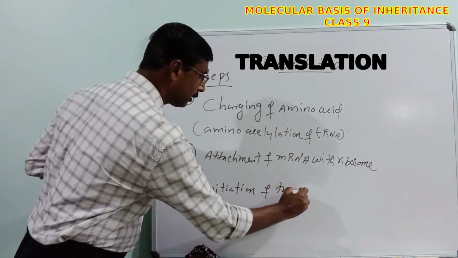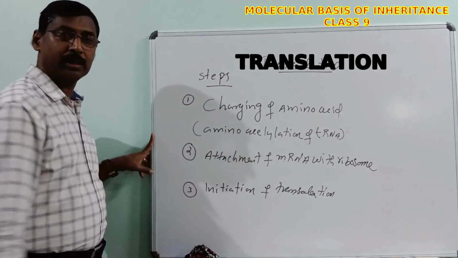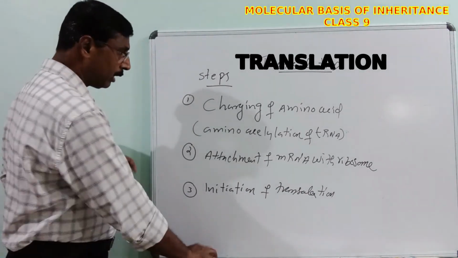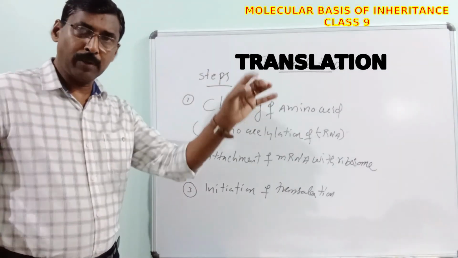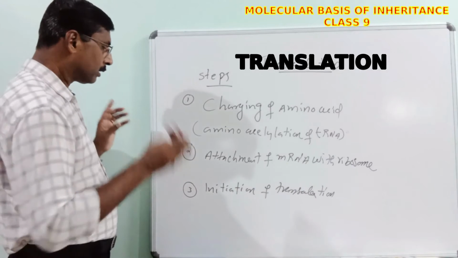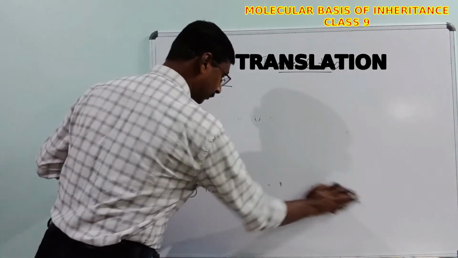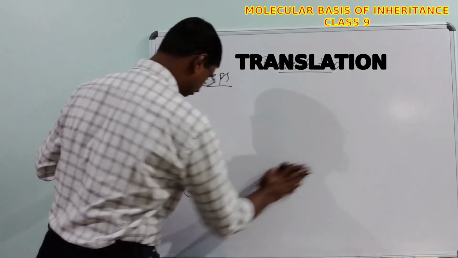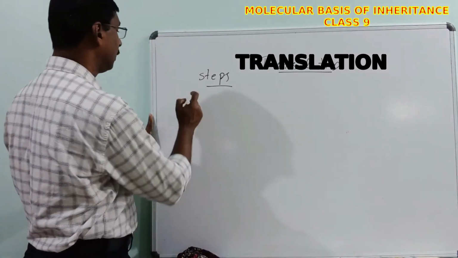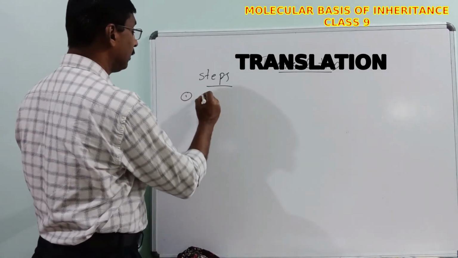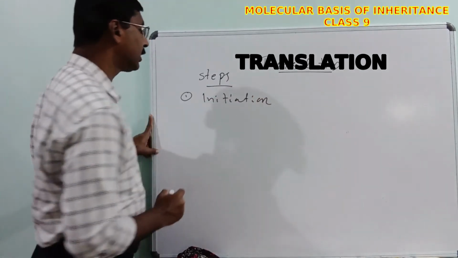The actual process of translation, or the polymerization of amino acids, has three steps. One is initiation.